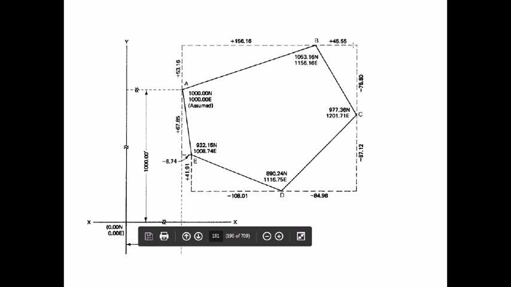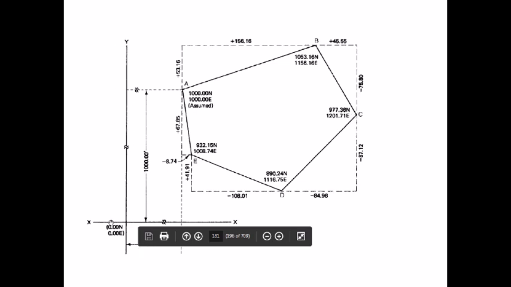The departure, since it's east, is plus 45.55, and the latitude, since it's south, is negative. So for latitude, you subtract it from the coordinate at B, and you get the new latitude for C. For the departure, since it is towards the east, you add it to the departure for B, and you get the departure for the point C.